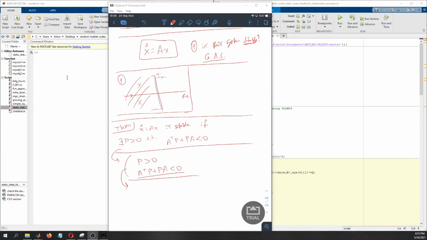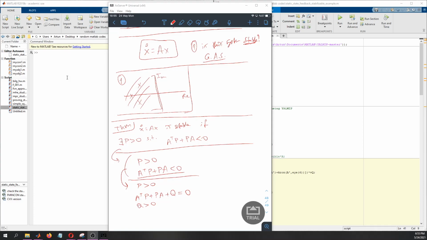This is negative definite, so let's add some positive matrix so that this becomes 0, in the sense of matrix representation. And we add another constraint, which is Q to be positive definite.